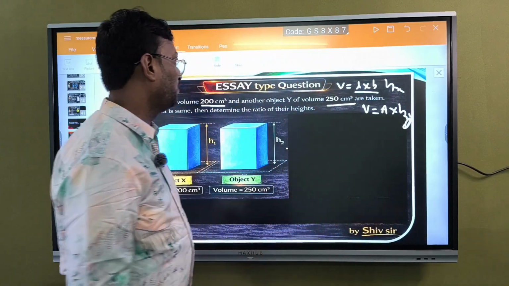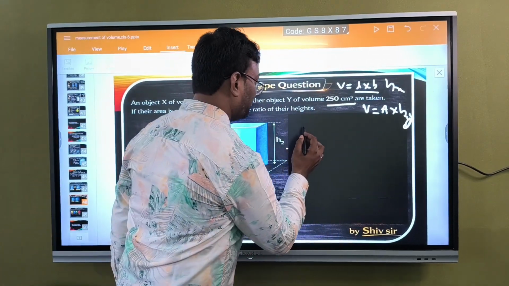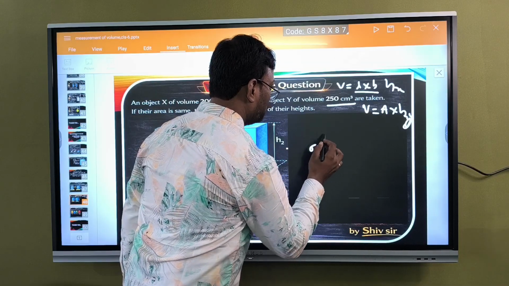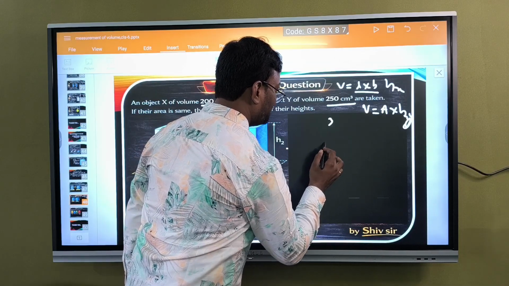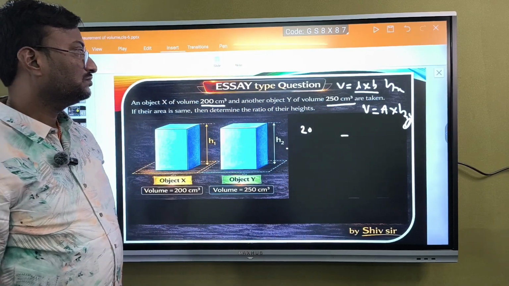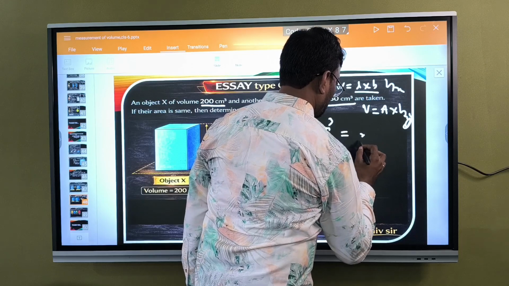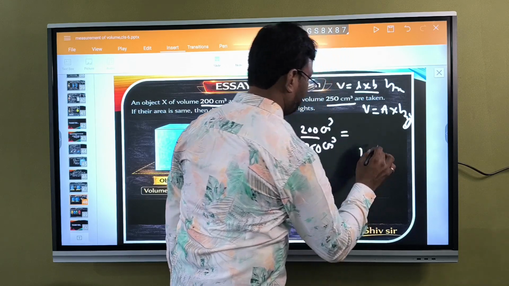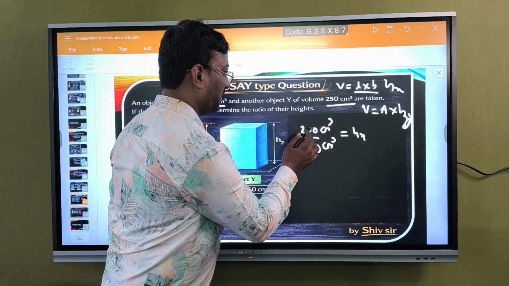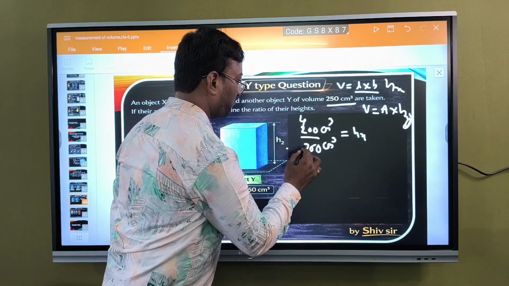Okay, right, see now. So the ratio is 200 by 250 centimeter cube is equals to, 200 is for x, so that is Hx by Hy. 200 and 250, 0 0 gets cancelled, 5 4s are 20, 5 5s are 25.